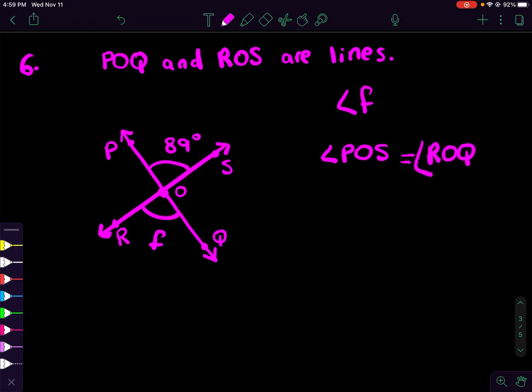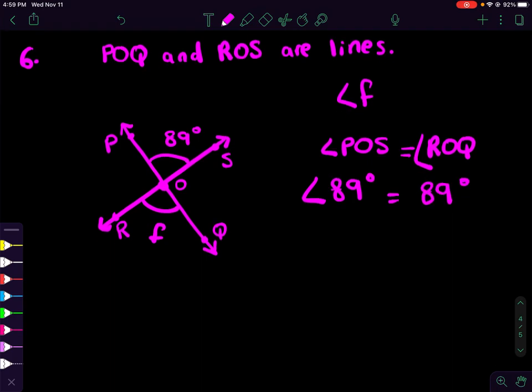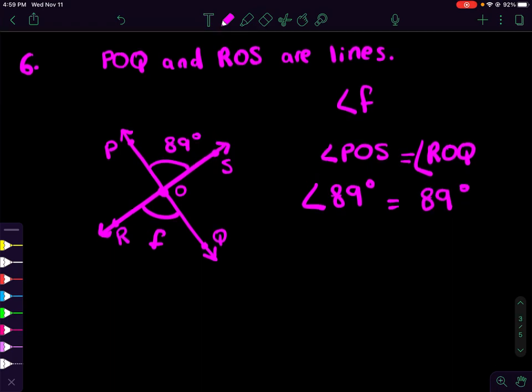So when POS is 89, that means ROQ is also 89. So the angle F, ROQ, is also called F in this question. So angle F is 89 degrees.